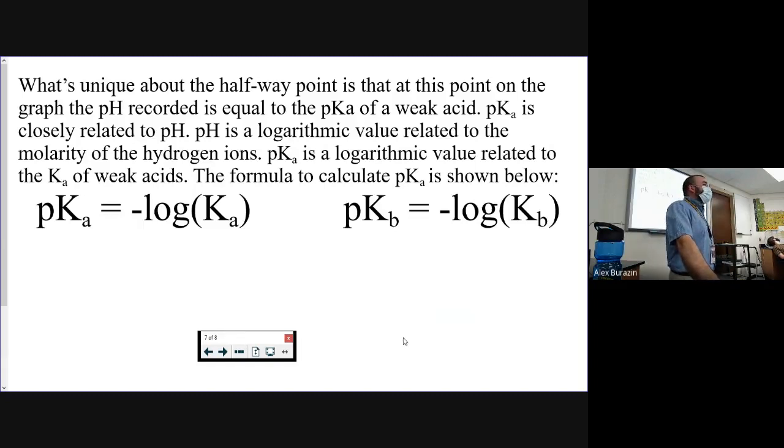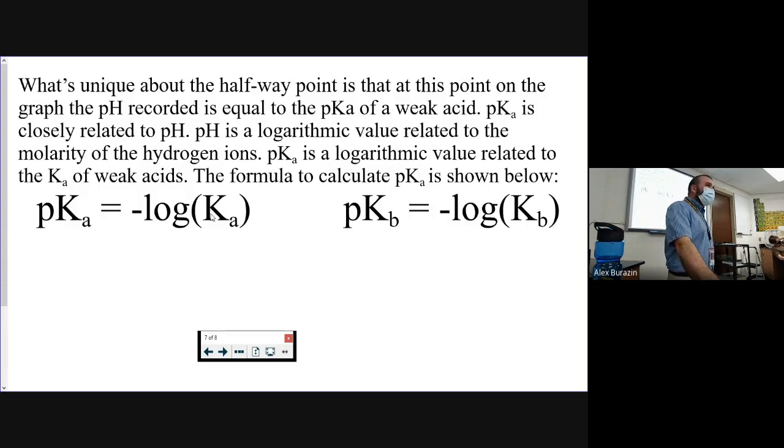pKa is very closely related to pH. pH is the logarithmic value related to the molarity of the hydrogen ions. pKa is the logarithmic value related to the Ka of weak acids. In other words, if I want to solve for pKa, I take the negative log of Ka.